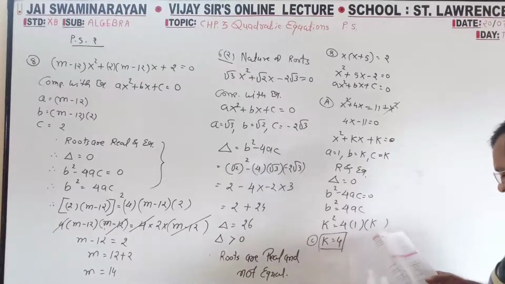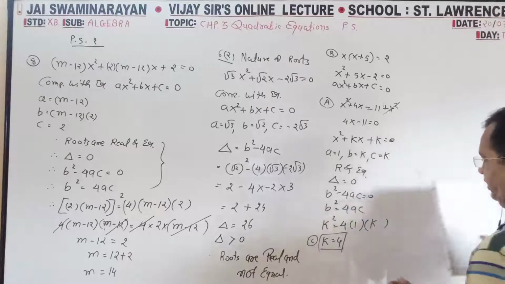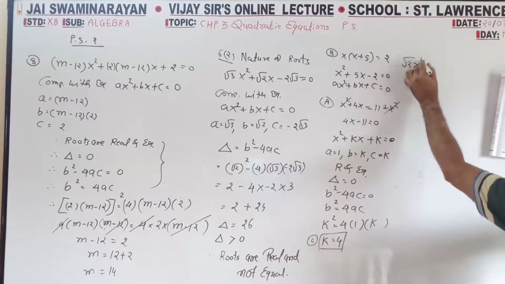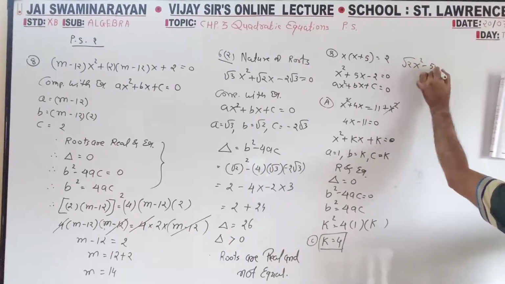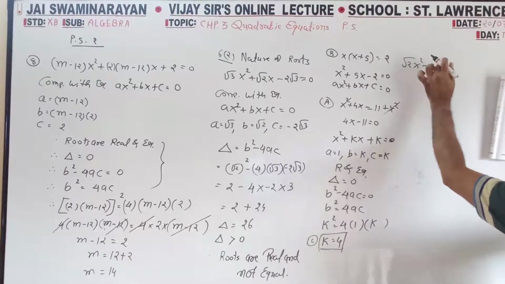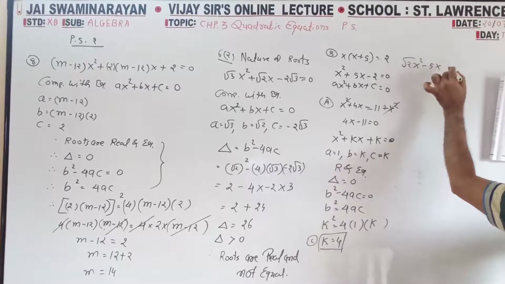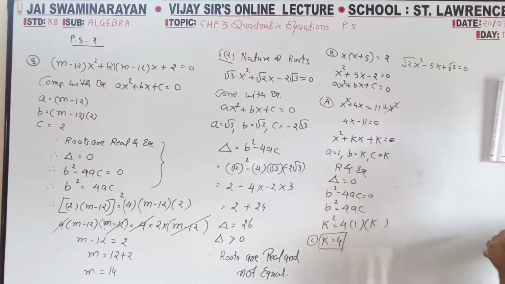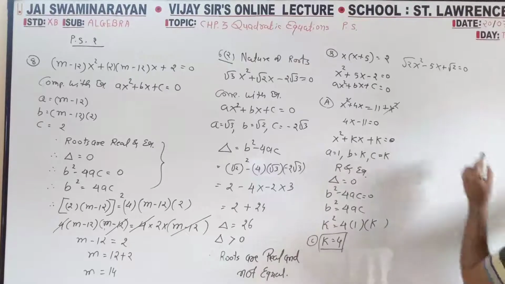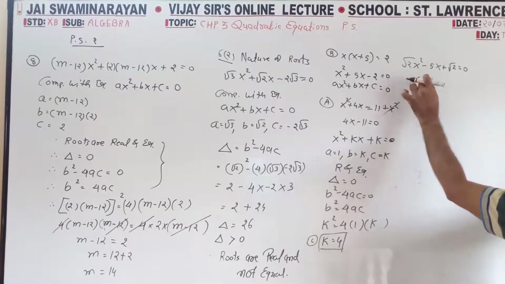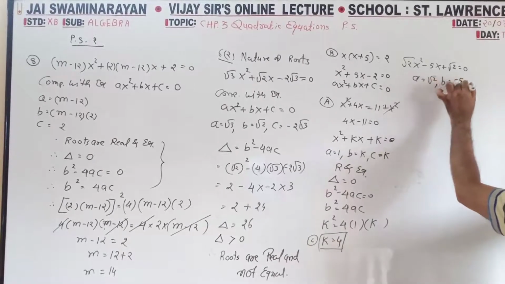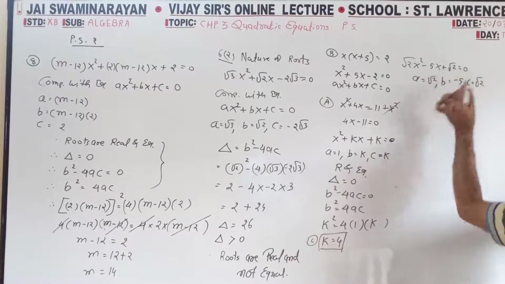These are the MCQs, very important. Even in exam also they will ask this time. Find the value of discriminant. Okay, first a is equal to root 2, b is equal to minus 5, c is equal to root 2.